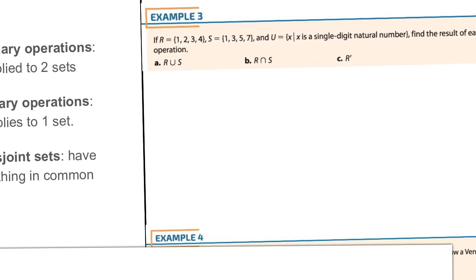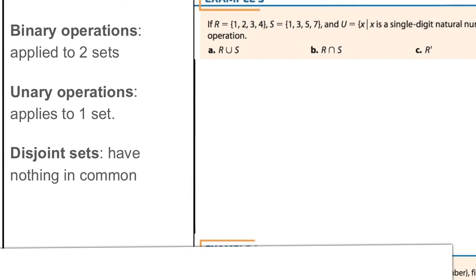Now, before we start example 3, I want to show you just a couple of other definitions that you're going to see. You probably won't hear me say it too much, but you might read it or see it, so you need to be aware of it. A binary operation, bi means two, so a binary operation is applied using two sets.